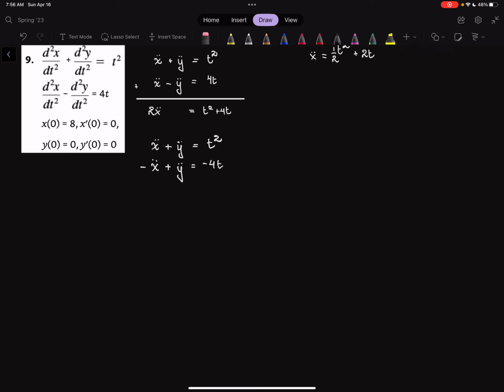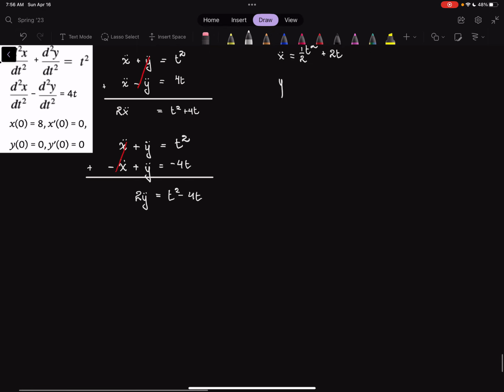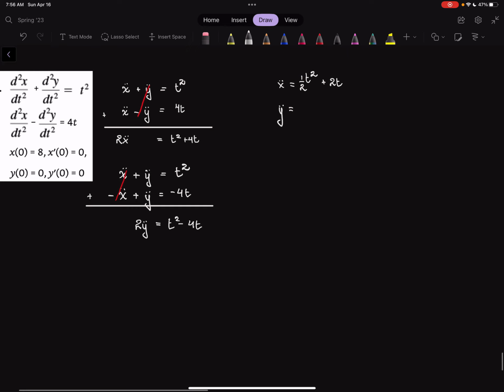Now if I take this and I add it, this canceled out here, and I'm gonna get 2y double prime is equal to t squared minus 4t, or y double prime is equal to t squared over 2 minus 2t.